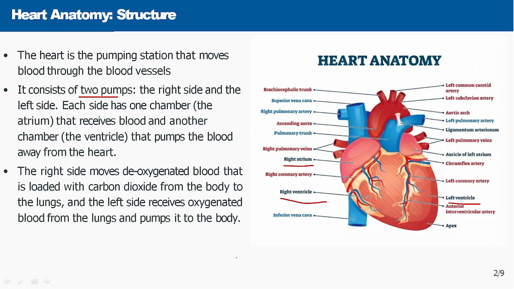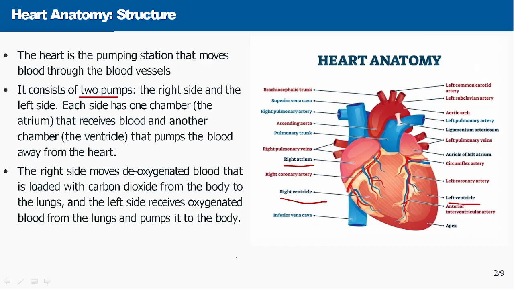At the site of gas exchange, through the process of respiration, the oxygen we inhale will be exchanged with the carbon dioxide present in the deoxygenated blood at the alveoli in the lungs.